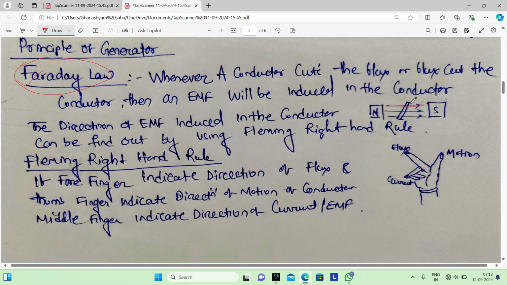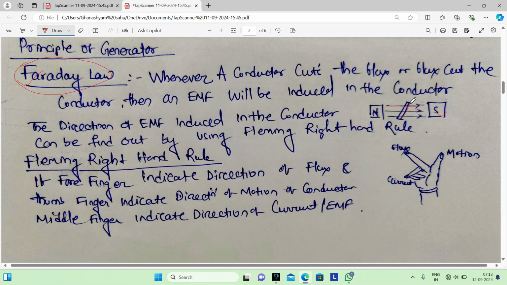And this rectangular bar is called the conductor, and those are the two magnets, this is the north pole and this is the south pole, and the flux goes from the left side to the right side, that means north to south.